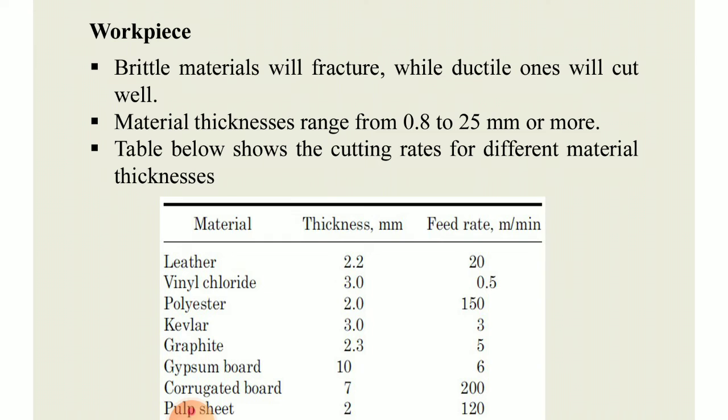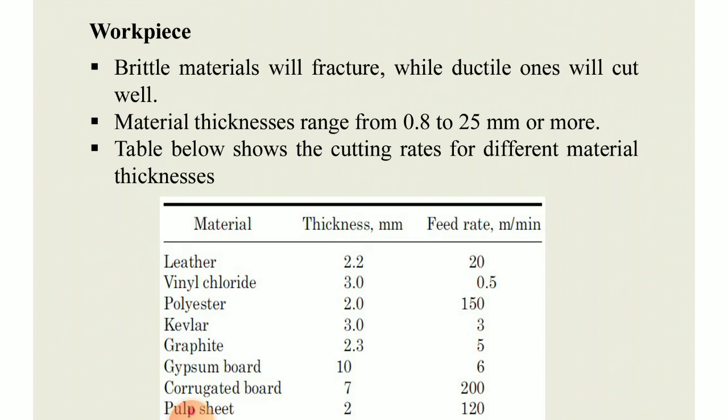But if we could maintain this kind of distance in between the ceramics and other brittle materials, we can get a successful cut or drill over its surface. Right? Material thicknesses ranging from 0.8 to 25 mm or more can be machined.